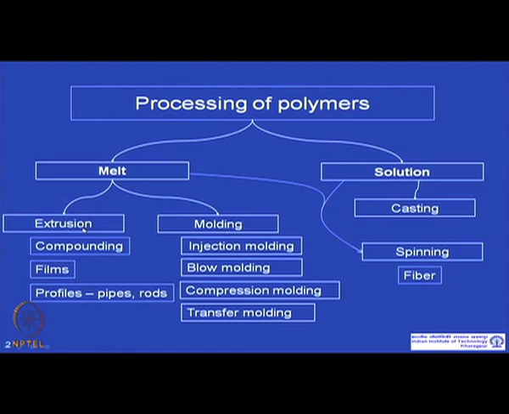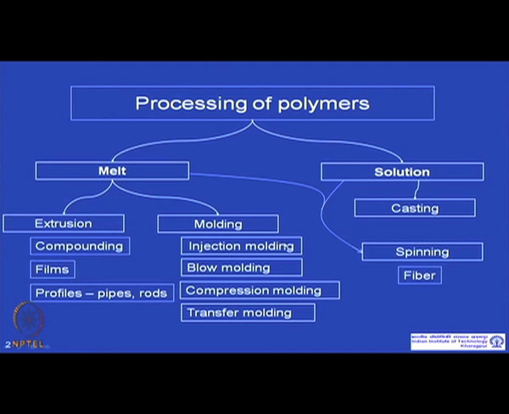Extrusion is basically a step where compounding, meaning mixing, is done between the polymer resin and other additives, reinforcement, colorant and all these things, and then taken to the molding stage to give the final part. Or extrusion techniques can be used for making final parts, very simple parts like film and profiles like pipes, rods and so on.